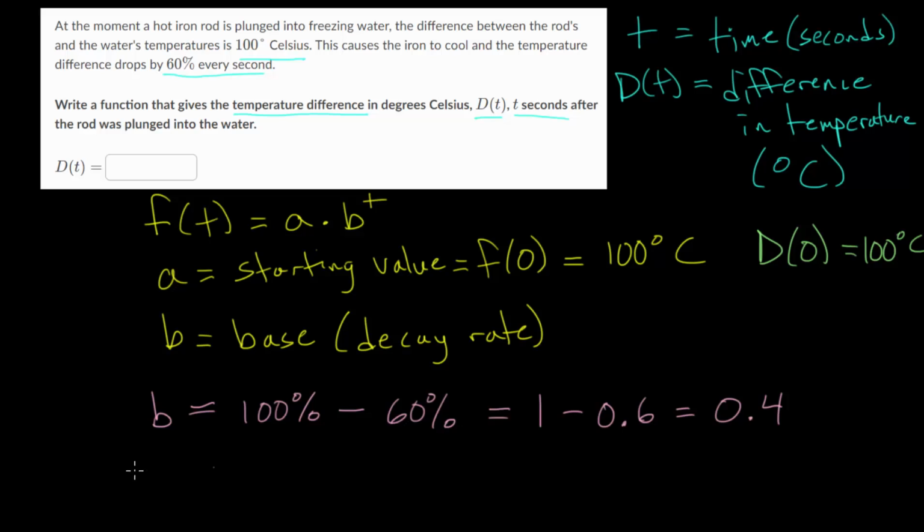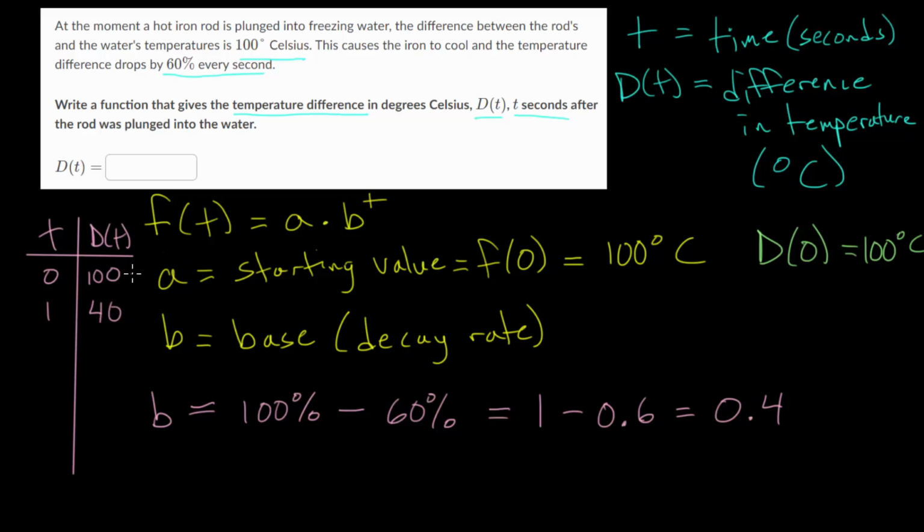So for instance, if we were to make a table here, let's just do this quickly for this problem. We know that when t is equal to 0, our temperature difference is 100. But when t is equal to 1, we're going to be multiplying by 0.4. So 100 times 0.4, that is just 40.